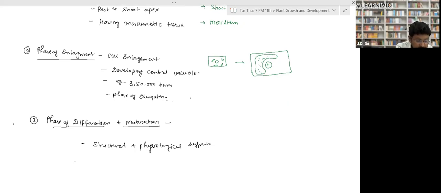The enlarged cell develops into a special or particular type of cell by undergoing a structural and physiological differentiation.